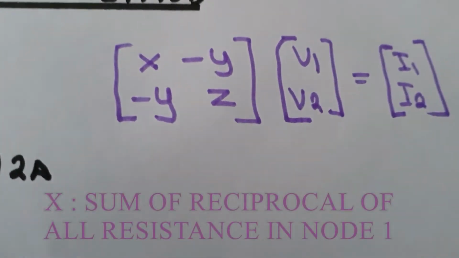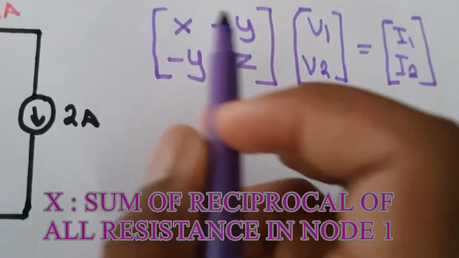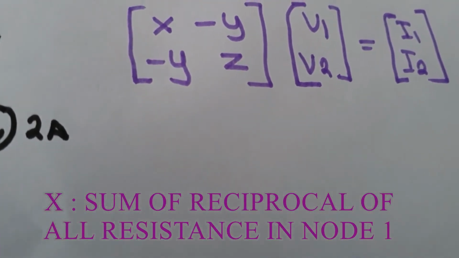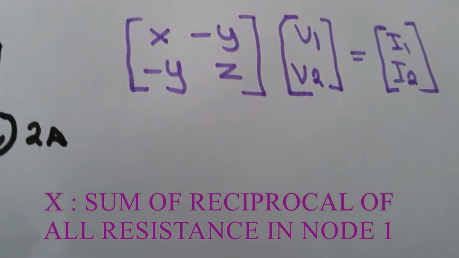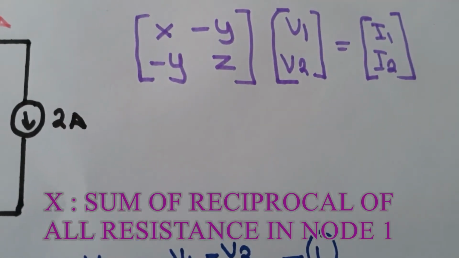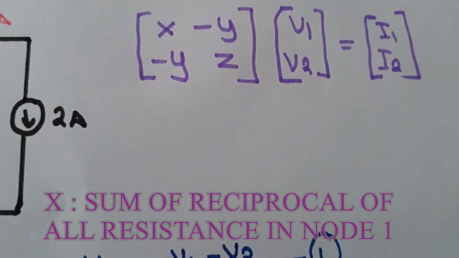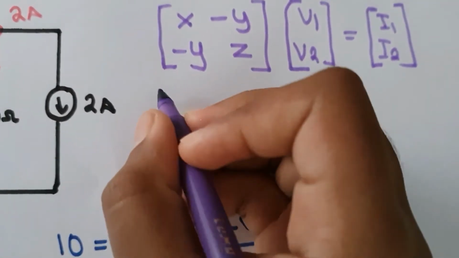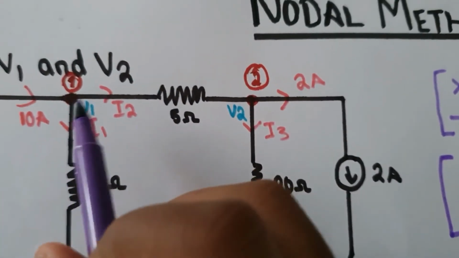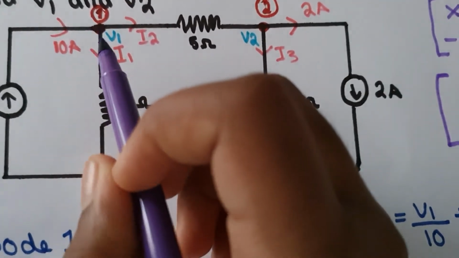The x value here is the sum of reciprocal of all resistance connected to node 1. I'll repeat, sum of reciprocal of all resistance connected to node 1. That's x.